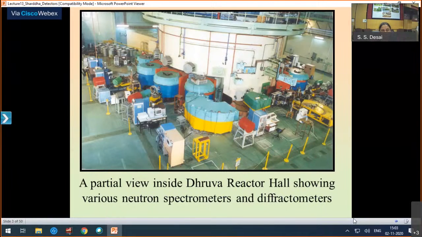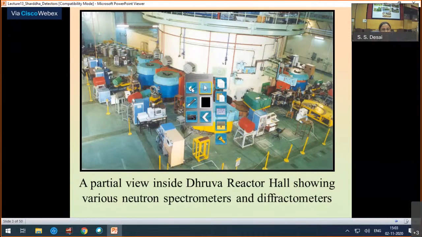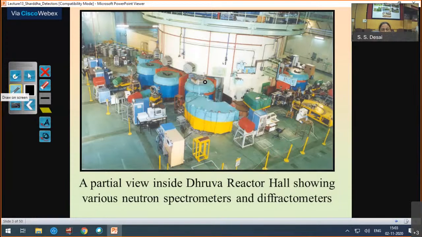This is a one-sided view of the Dhruva reactor. You can see all these beams coming along from the beam holes, then passing through a monochromator.